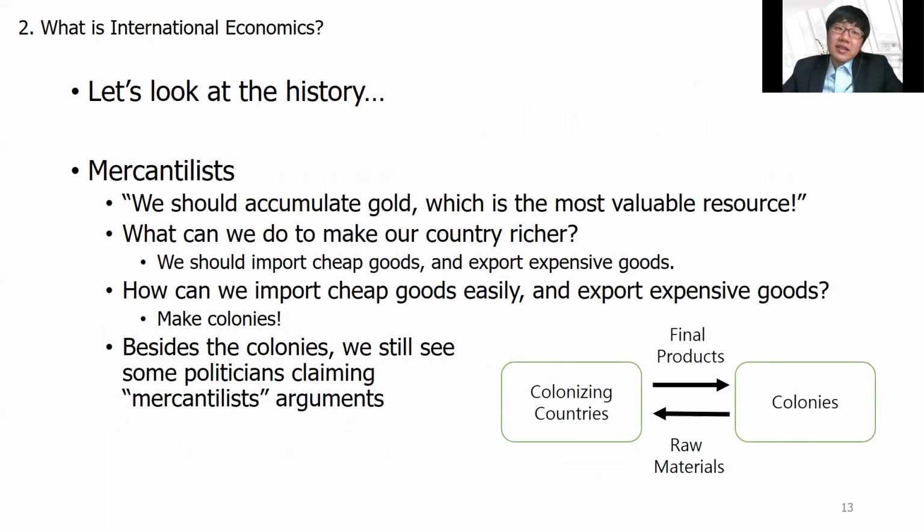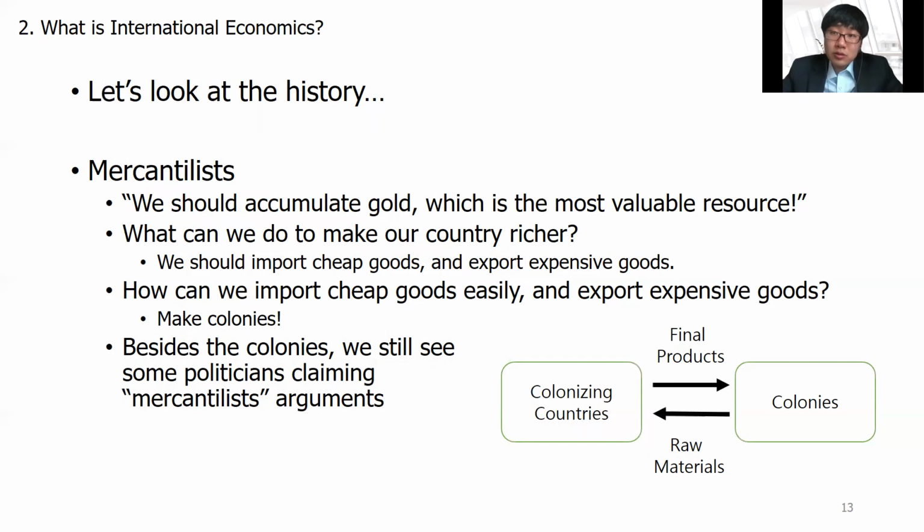So where did the study of international economics start from? If we look back at history, you might have heard of the mercantilists. And what did they do? They argued that we should accumulate gold, which is the most valuable resource. That's like 300 years ago, I guess.